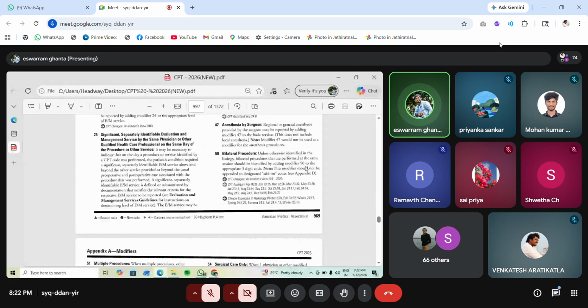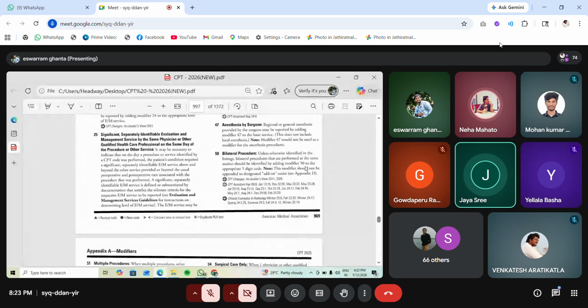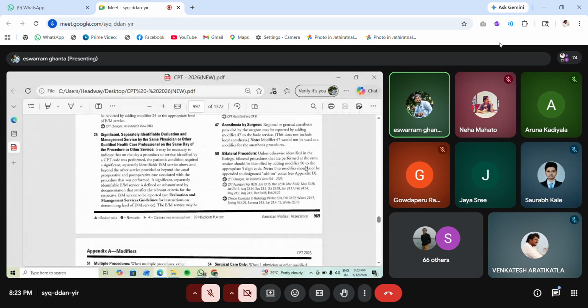Yesterday I told you one example for this bilateral procedure: fracture of the hand and the casting. For that diagnosis, the physician did casting for both the right hand and the left hand.